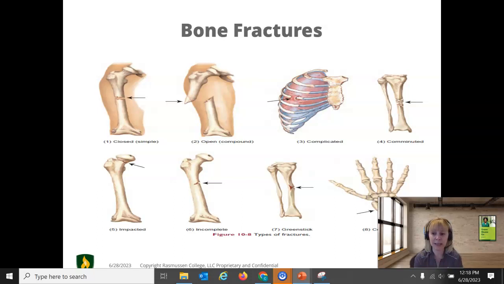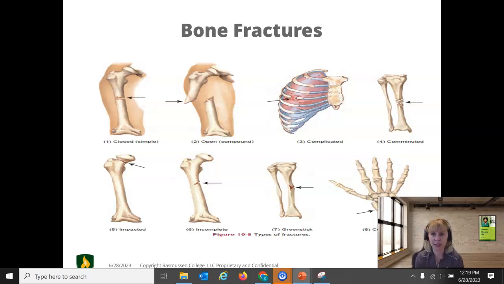An incomplete fracture occurs when there is a line of broken bone, but it does not extend through the entire thickness of the bone, and so one side of the bone is broken, but the other side is bent. We often see this type of fracture in children, as their bones are still composed of flexible cartilage.